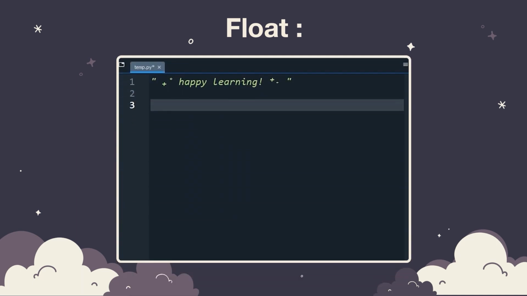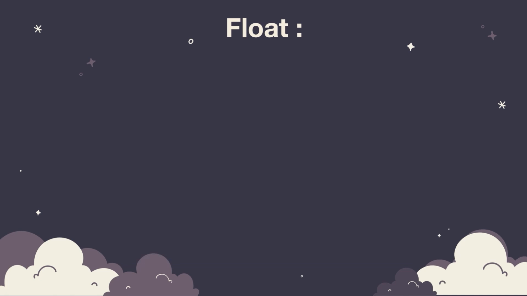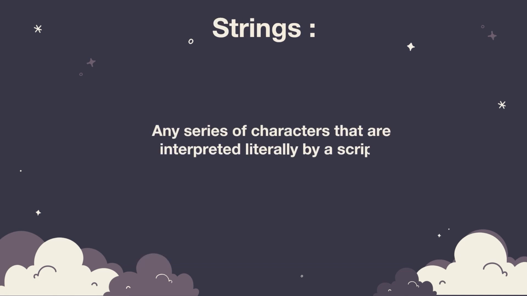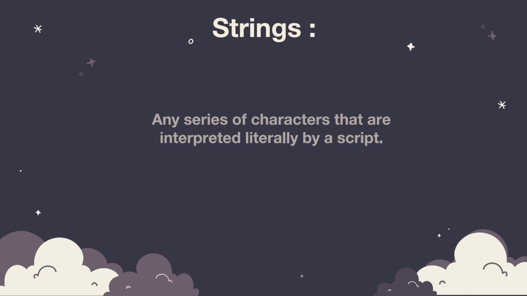For example, 1.7, 2.5, -0.6, 3.4, basically any number with a decimal place. And then we have strings, which means any series of characters that are interpreted literally by a script.